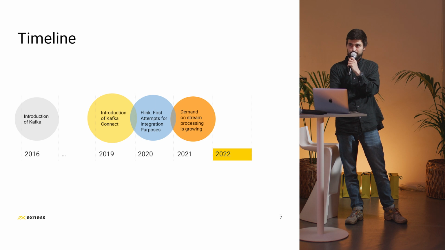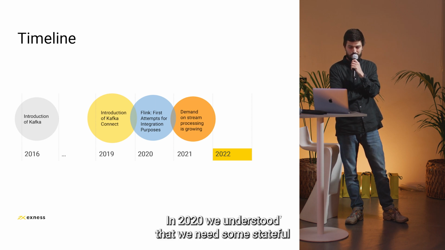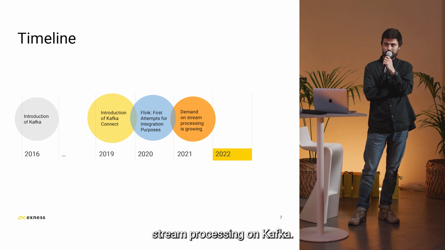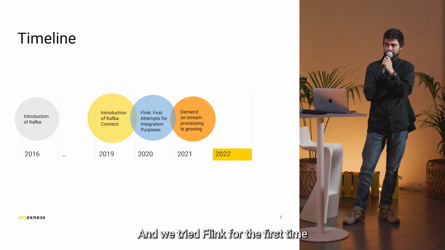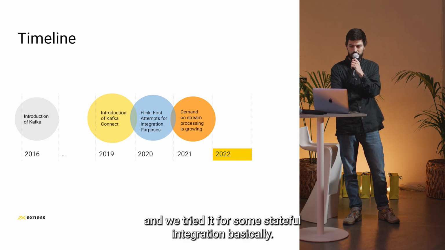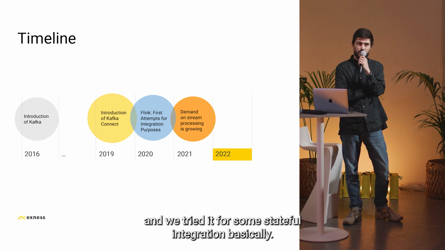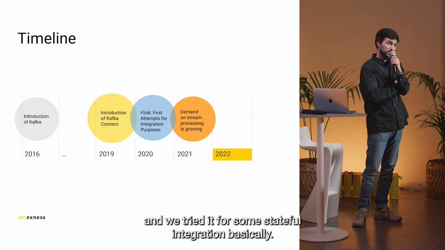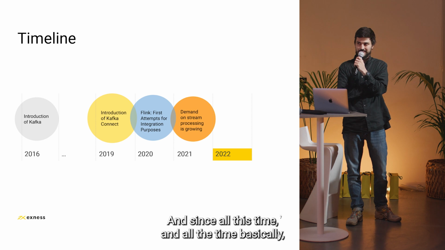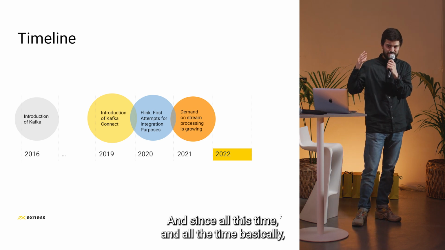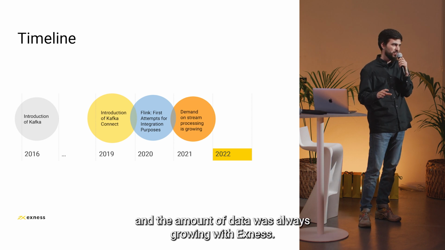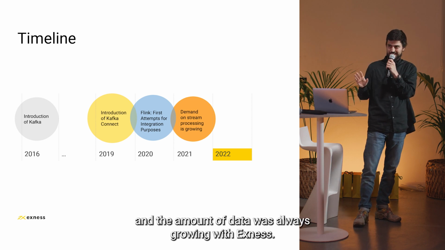And in 2020, we understood that we need some stateful stream processing on Kafka. And we tried Flink for the first time, for some stateful integration, basically, yes, again, integrations. And all this time, Exness has been growing, and the amount of data was always growing with Exness.